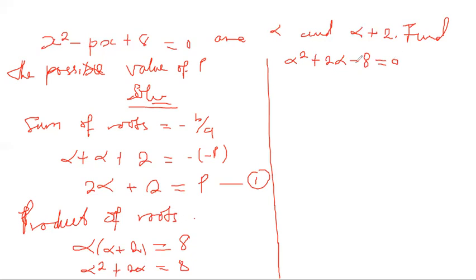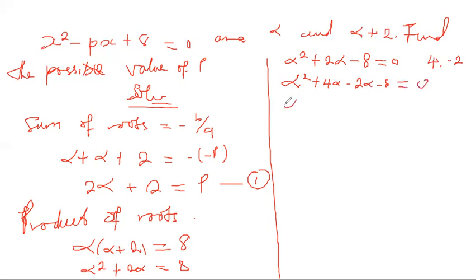Then we are going to get two factors that add to give us 2, and when we multiply them, they give us negative 8. So what could those numbers be? Negative 2 and positive 4. So 4 and negative 2. So we say alpha squared plus 4 alpha minus 2 alpha minus 8 is equal to 0.